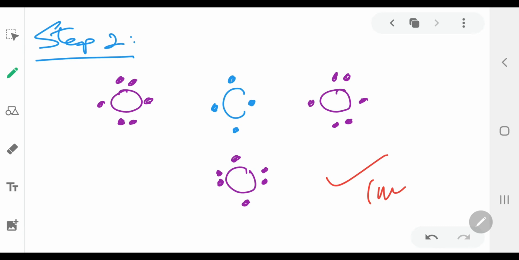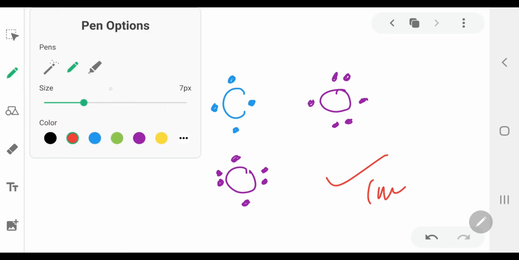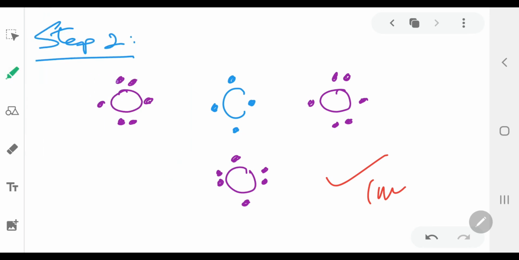Okay, so step 3 is when we try to construct the bonding pair, and as you can see in step 2, we only have lone pairs. That is your lone pair, lone pair, lone pair, lone pair, lone pair, and lone pair.